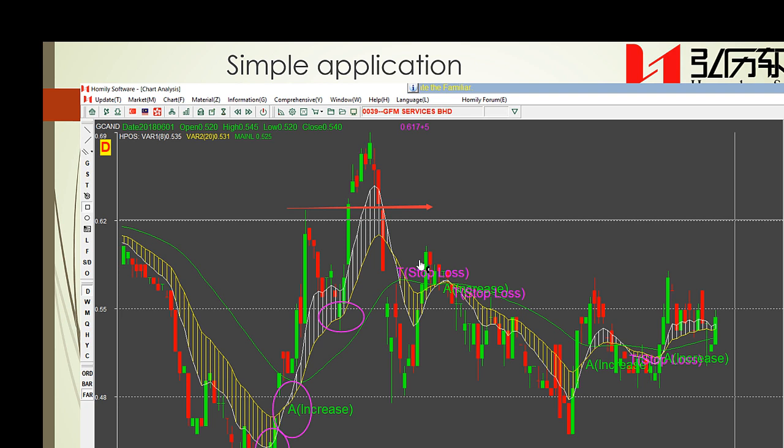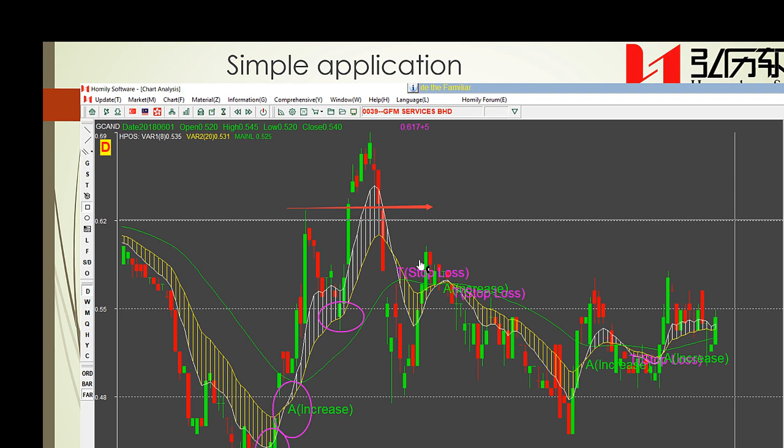Quickly rising, and then from here to here, we can see it is far away from the white line. Far away from the white line. So the price tends to go back to the white line. Usually, the price will tend to go back to the white line. So here we should know mostly it will drop again.